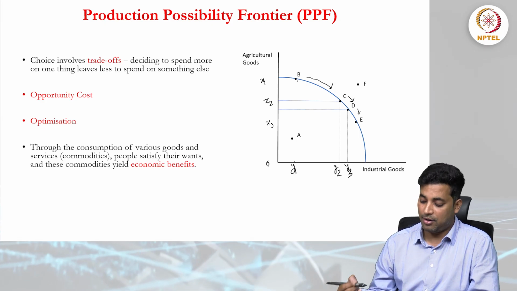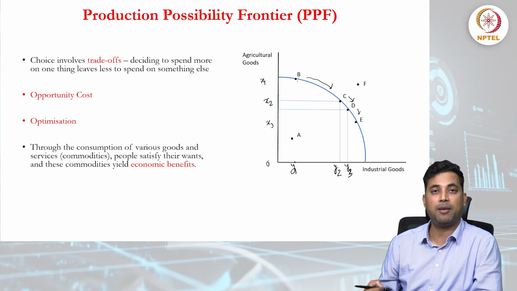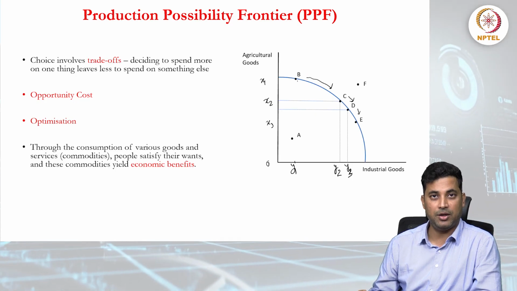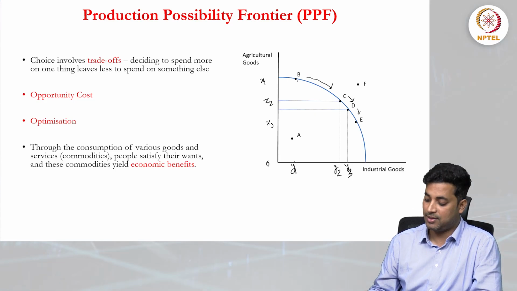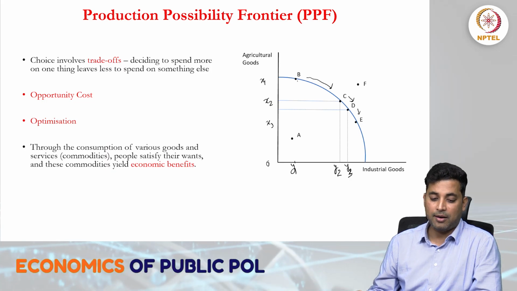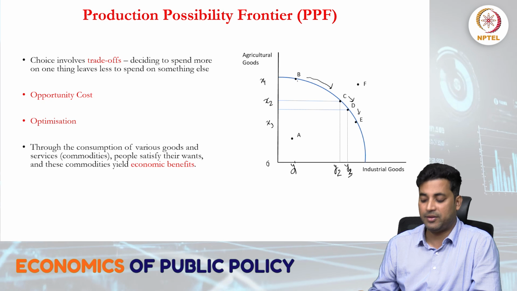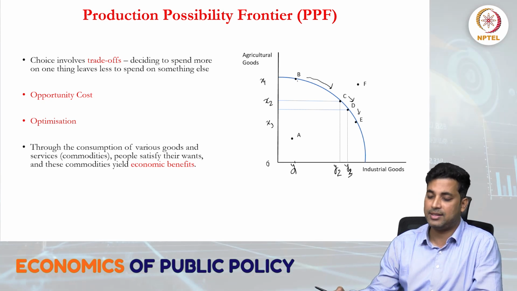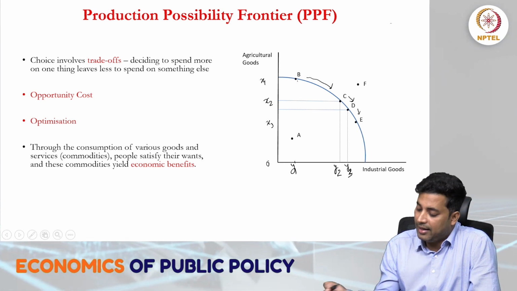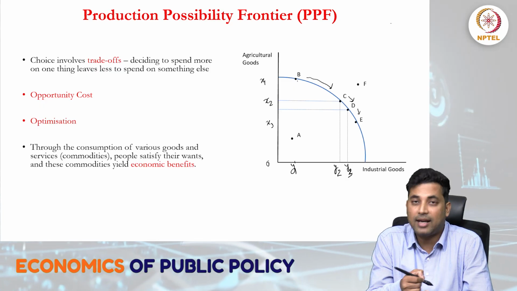Now if I want to move to F, then our capacity has to be increased with the resources, that is land, labor, and capital. And with the various policies that the government has taken, like Digital India, Skill India, and Make in India, efficiency has increased.